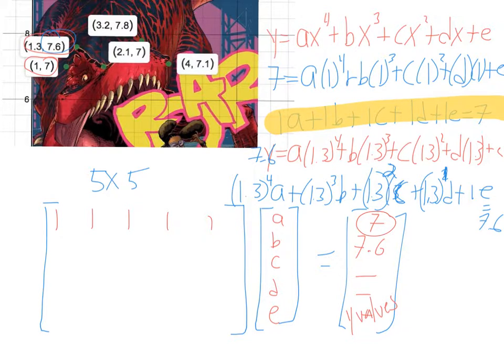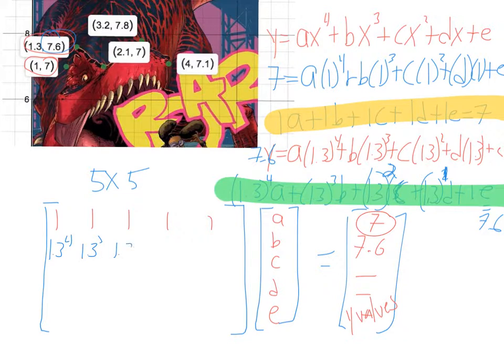For my second row, I'm going to use my second calculated matrix. I meant to do that in highlighter. And that's going to look like this: 1.3 to the fourth, 1.3 to the third, 1.3 squared, 1.3, 1, and those should line up with your second number in your Y values matrix.